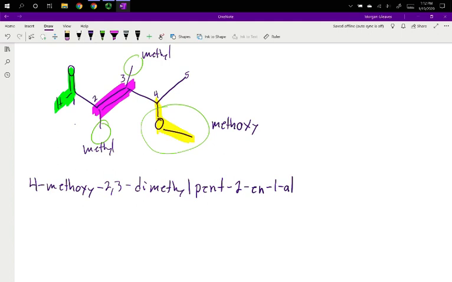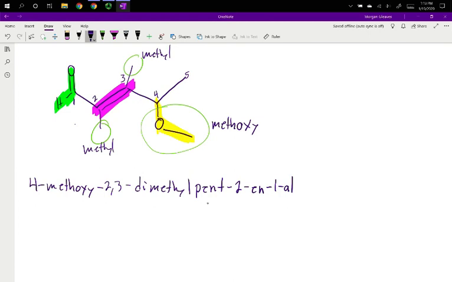And so this molecule, the name gets quite large, but if we want to break down the parts of it, at the 4 position is a methoxy. So we just tell you, hey, methoxy means I have an ether with the extra carbons coming off it being 1 long. So meth for 1 long. So I have a 4-methoxy. At the 2 and the 3 position, I have methyls. And so they are dimethyls.